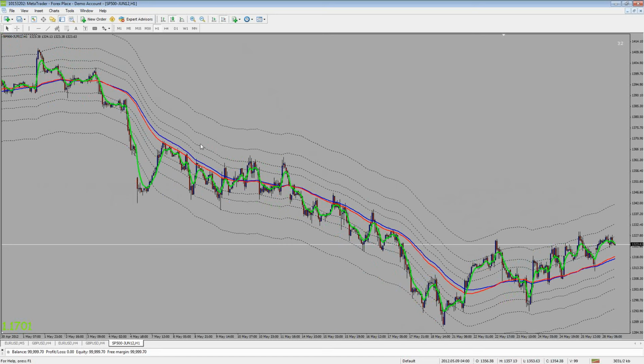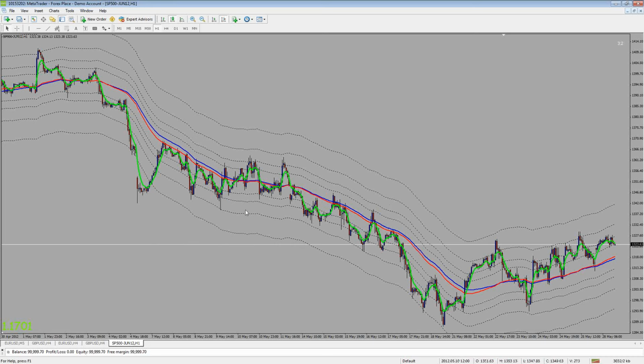And in this case, obviously, when you see these lines going down, these moving averages going down, and the price setting lower lows, then you'll be looking for short trades.